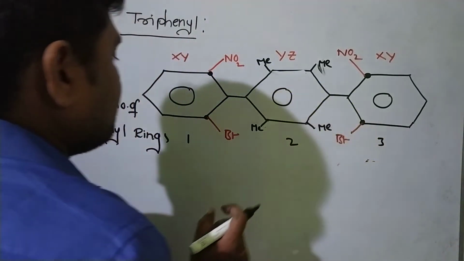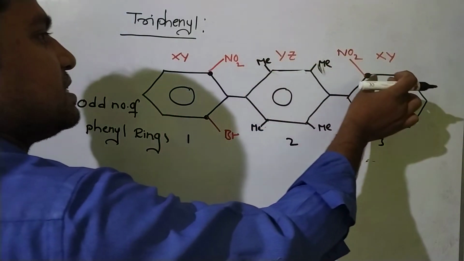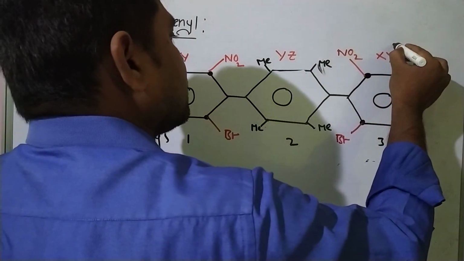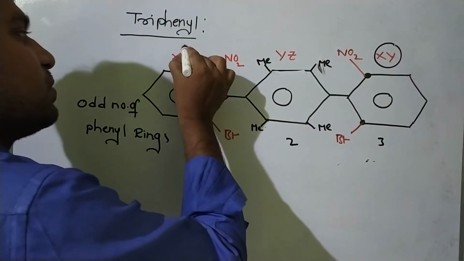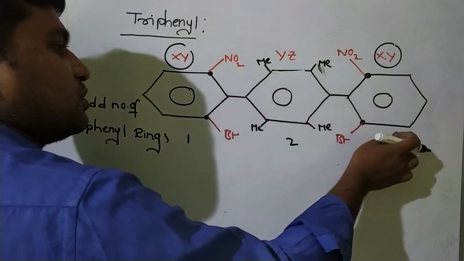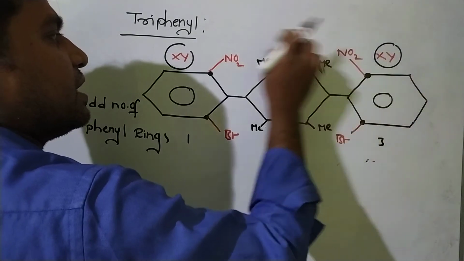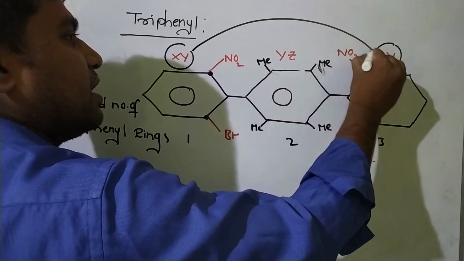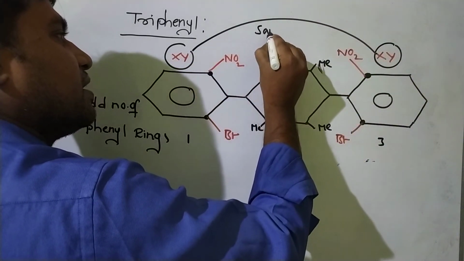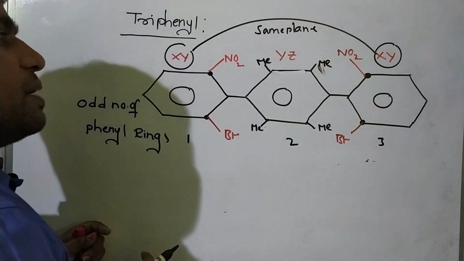First of all, check. So this is the xy plane, this is the yz plane, this is xy. Now see students, xy, xy: these two rings, the terminal rings, are in the same plane. XY plane and XY plane mean the same plane.